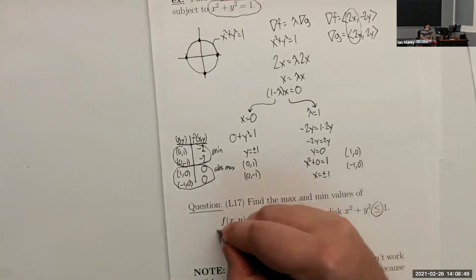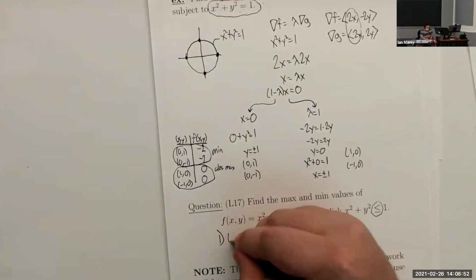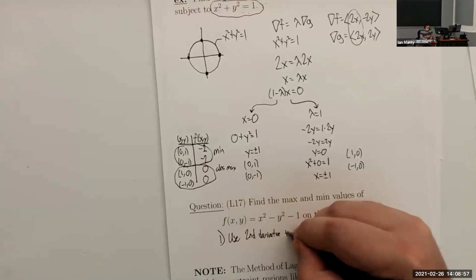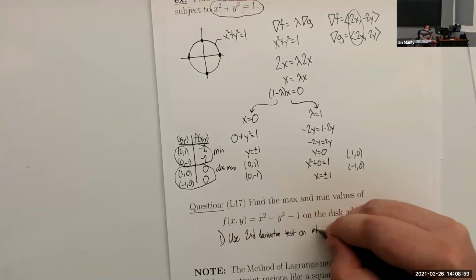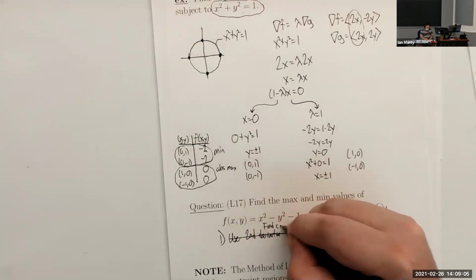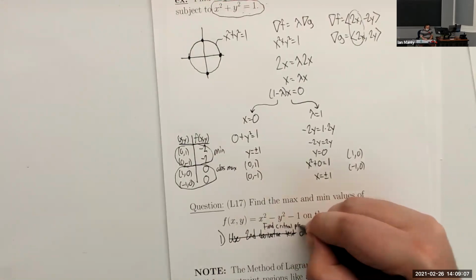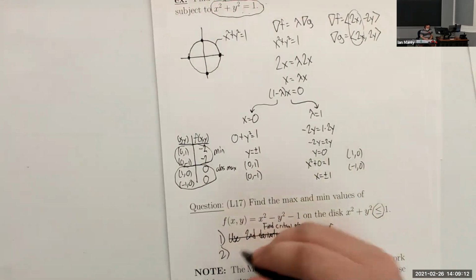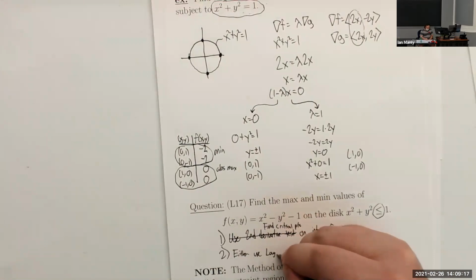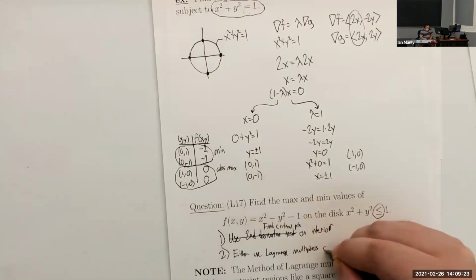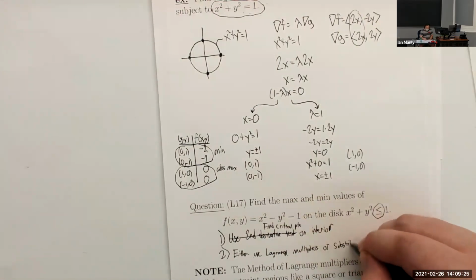So in order to do this, we have to, sorry, not use the second derivative test. Find critical points on the interior. And then 2, use either Lagrange multipliers or substitution.